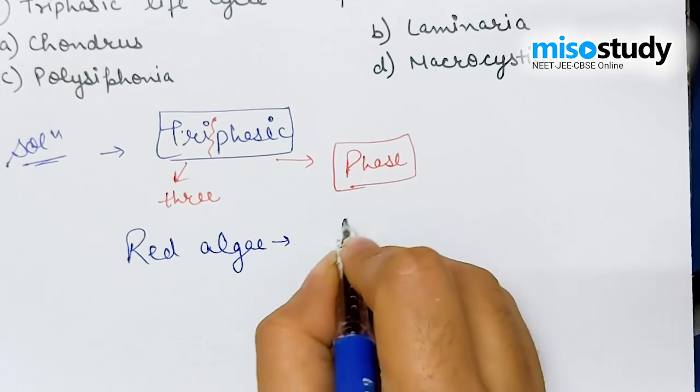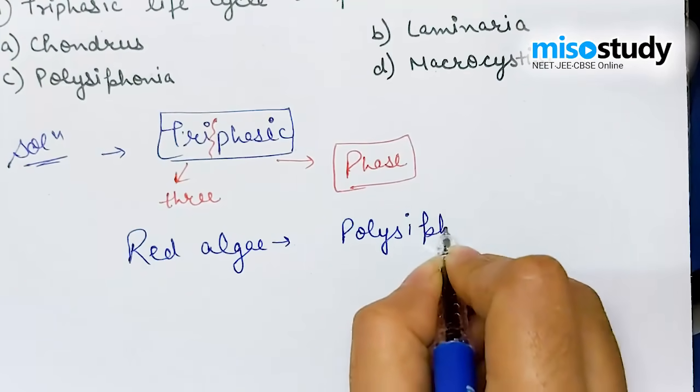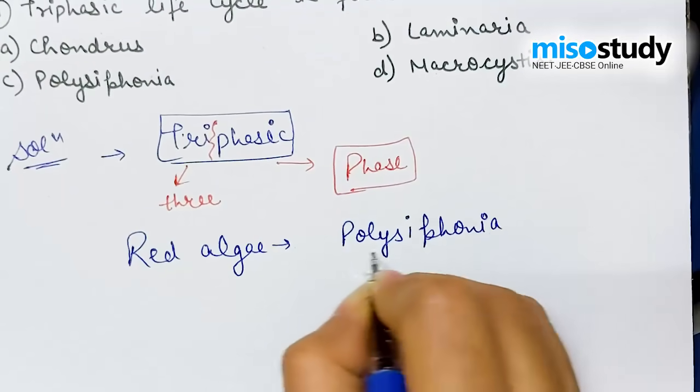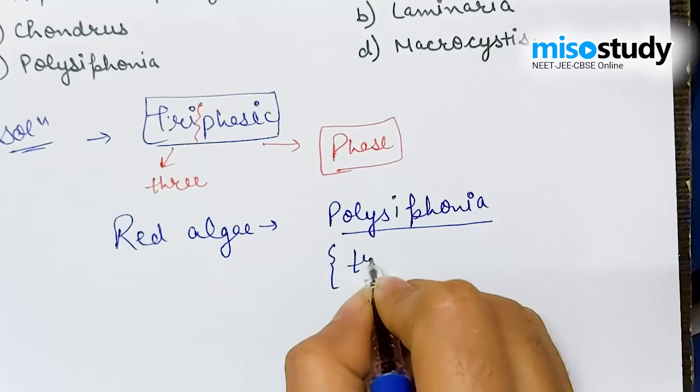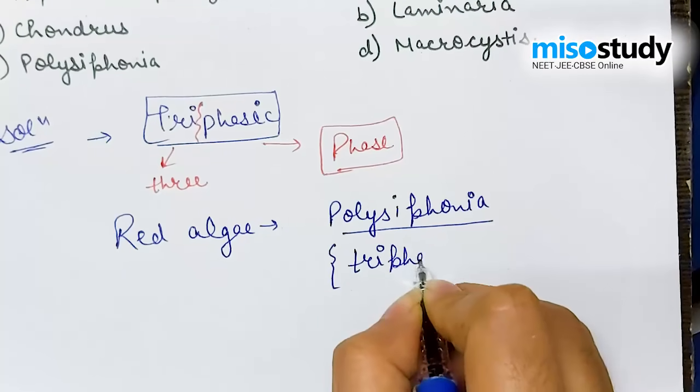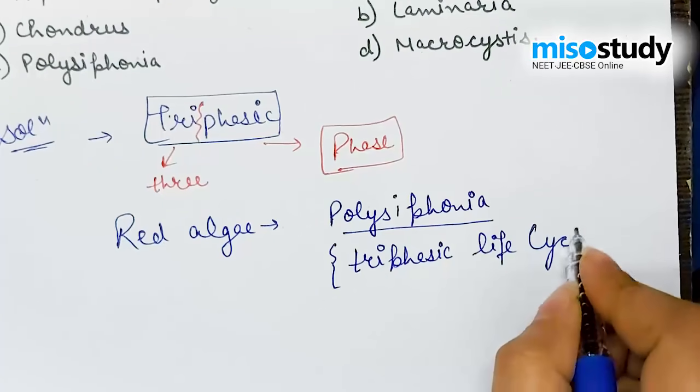Red algae named Polysiphonia generally opt for the triphasic life cycle.